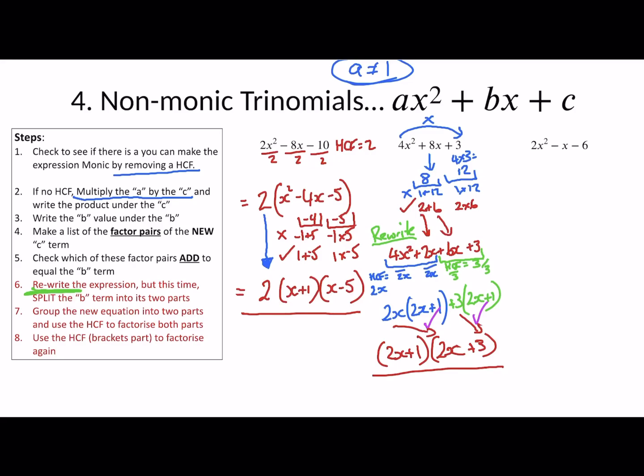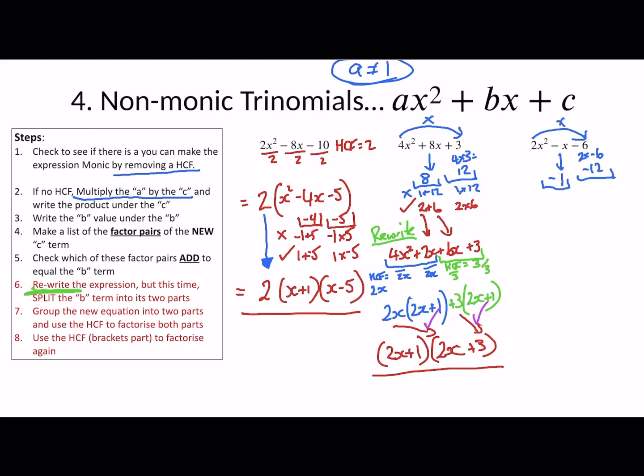Last one. This one's got some negatives, so we just have to, as always, be careful with the negatives. First step, let's get rid of that 2. 2 times the negative 6 equals negative 12. So that's our new c value. And our b term is, again, a negative. So it's negative 1. How many x's have we got? Negative 1.